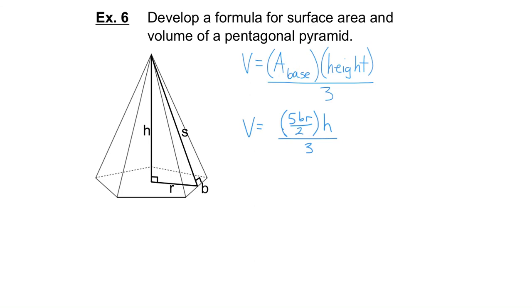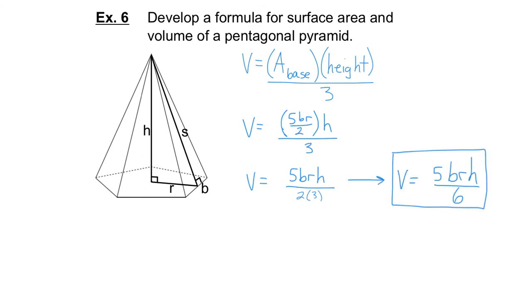So area of base times the height of the pyramid, which is H, divided by 3. Let's clean this up. So 5BRH, okay, divide by 2, divide by 3. So really, we're dividing by 2 times 3, which is 6. So we have 5BRH over 6. So volume is 5BRH over 6.